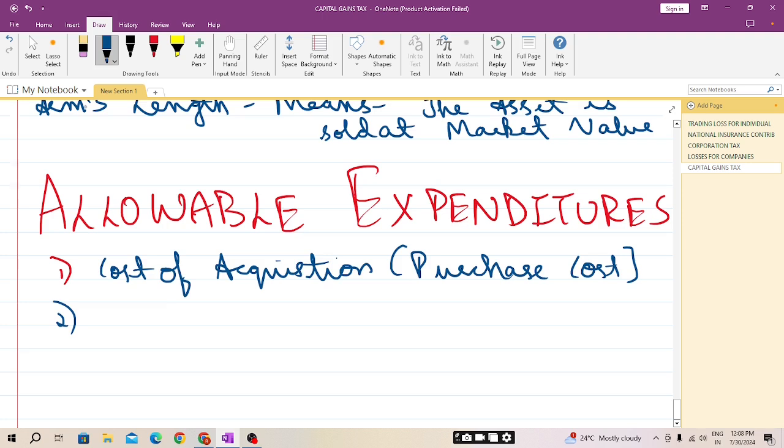The second will be the incidental cost of acquisition, as we have seen.